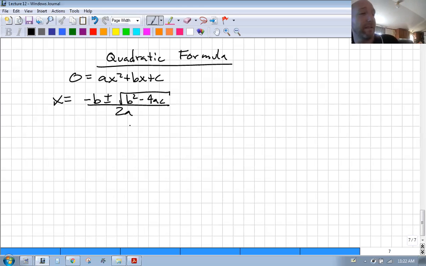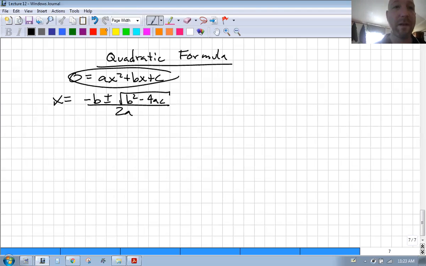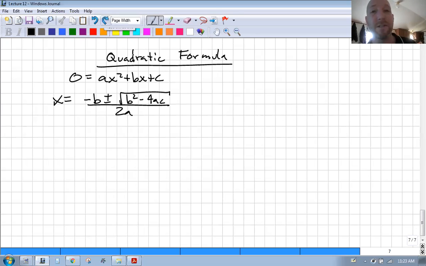I think that's what it is. I could show you how you actually solve this; you have to do completing the square. But I'm not going to force y'all through that today. I'm just going to make sure y'all can remember it and use it.